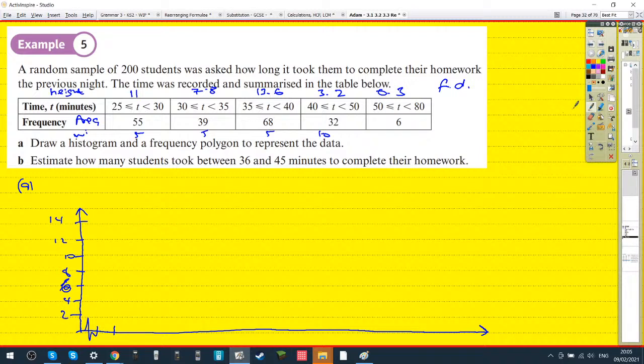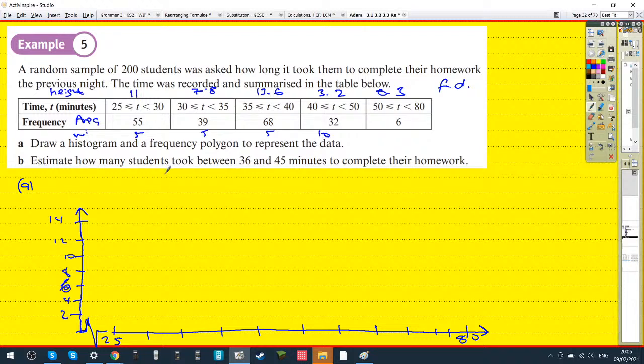And then this one, I'll just put in a break. And so that's 25 up to 80. 30, 35, 40, 45, 50, 55, 60, 70, 75. It's the best I can do.